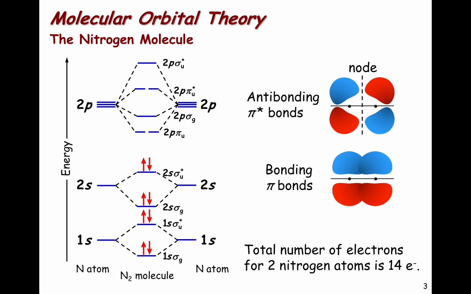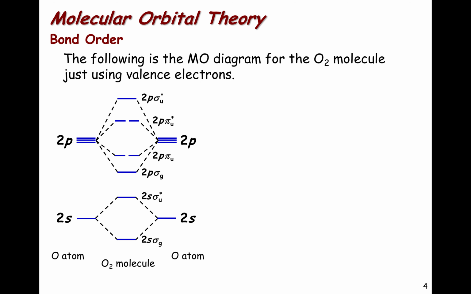Now we go to the p type molecular orbitals, and in this case we have enough electrons to fill the pi type and a sigma type orbital. And so in this particular case, we would predict that there would be a triple bond, 1 sigma bond from the p combination and 2 pi type combinations.